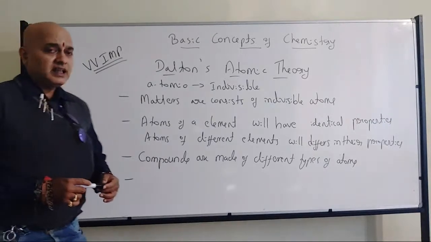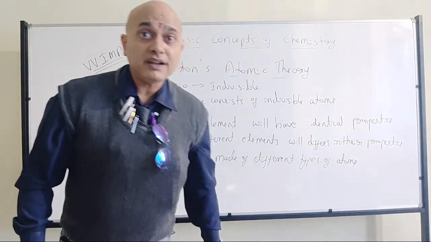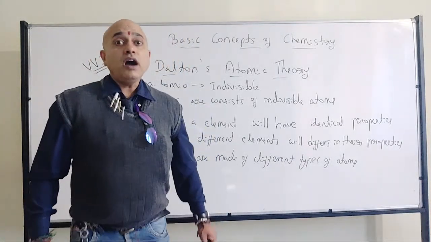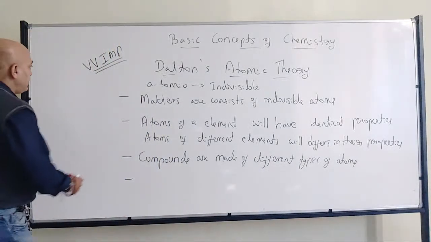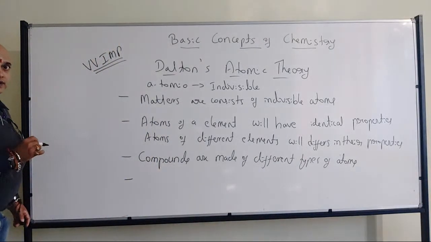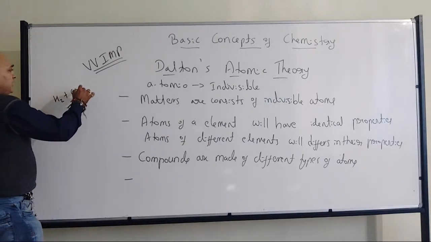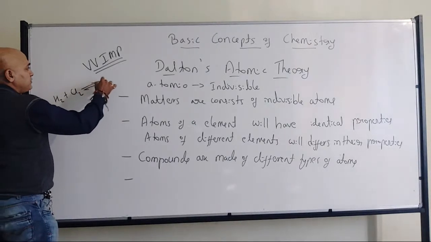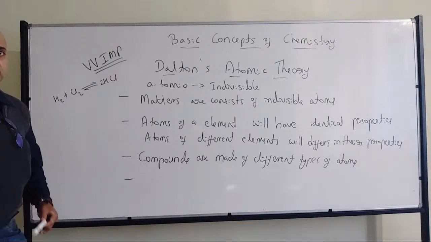Now, the last one is related to the first law of chemical combination, that is the law of conservation of mass. See, for example, I have a reaction where hydrogen and chlorine react together to form HCl, two molecules of HCl.